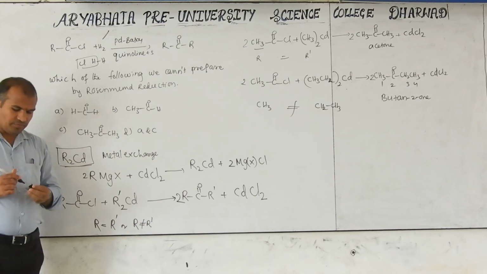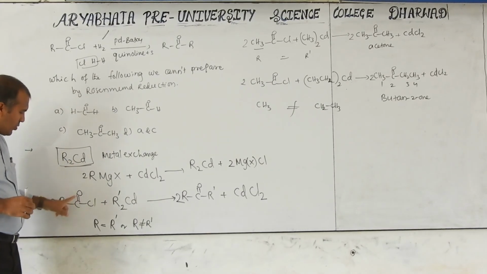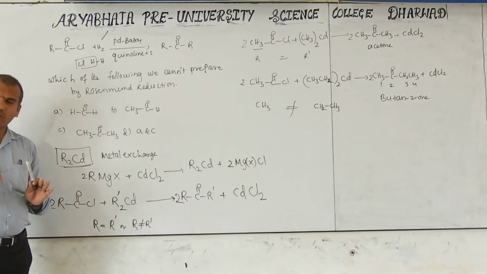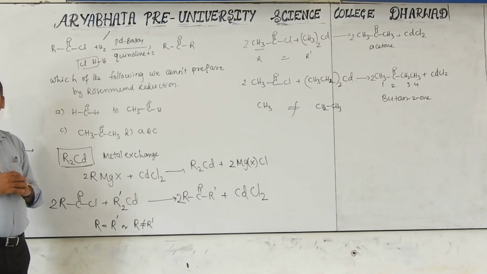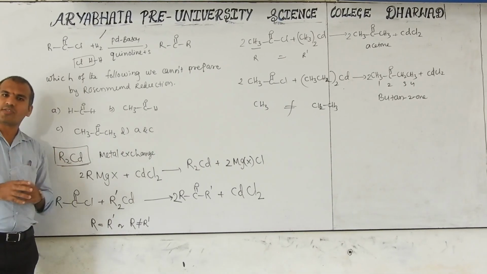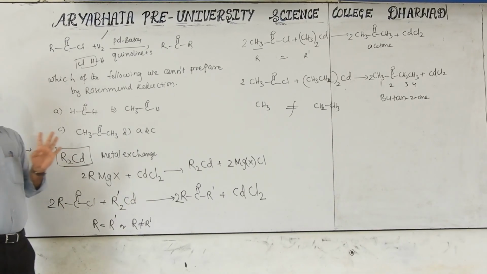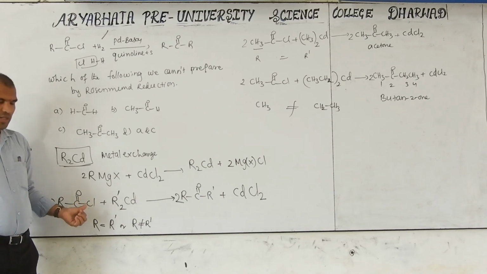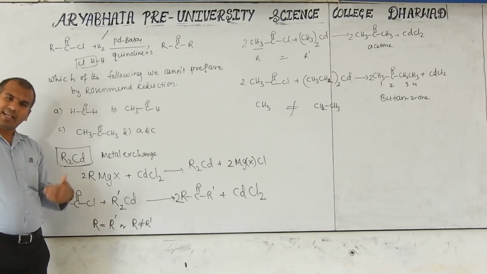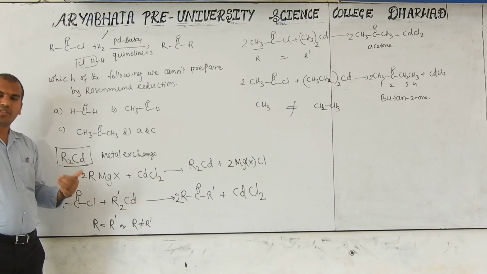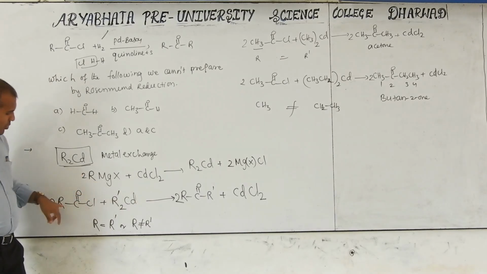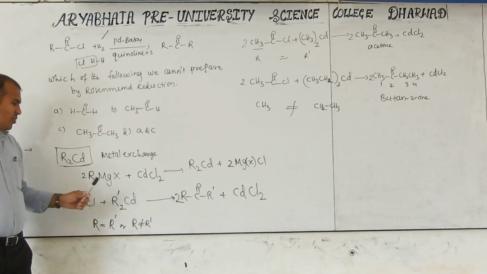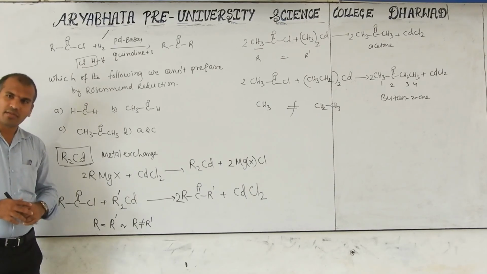Now the question. By using acid chloride and Grignard reagent, we cannot prepare the ketone. Already studied in the alcohol chapter. What do you call preparation of alcohol? By using alkyl chloride, acid chloride, esters, aldehydes, ketones. Then by using this acid chloride, can you prepare ketone with the Grignard reagent?